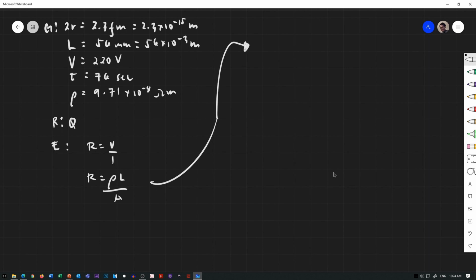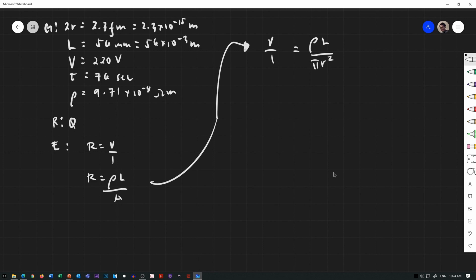Okay, so that will be V over I equal to rho L over A. So for our A, we're just going to replace it now with pi r squared. Okay, so it's easy to eliminate 2r here. So you can just divide this by 2 before substituting.